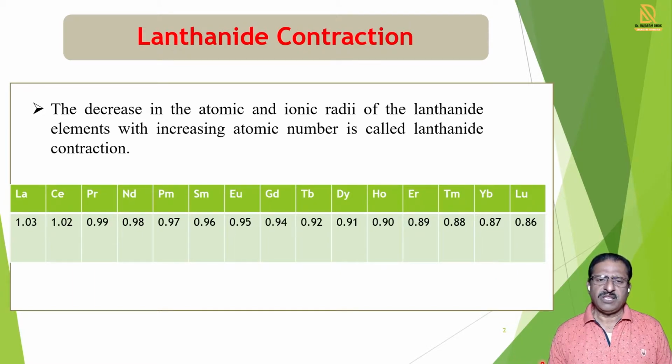Because the properties are nearly the same, there are some problems in separation, but with the help of that slight difference, the elements are separated by certain processes, such as the solvent extraction process and the ion exchange process.